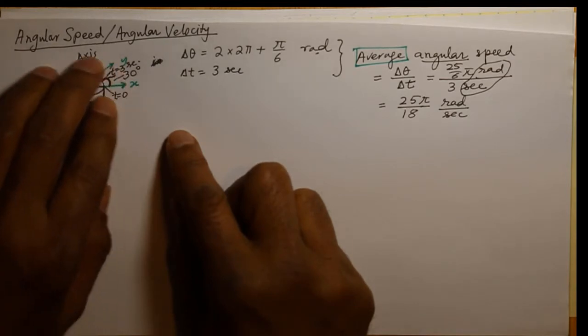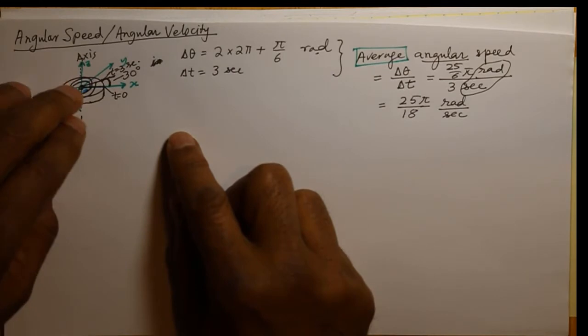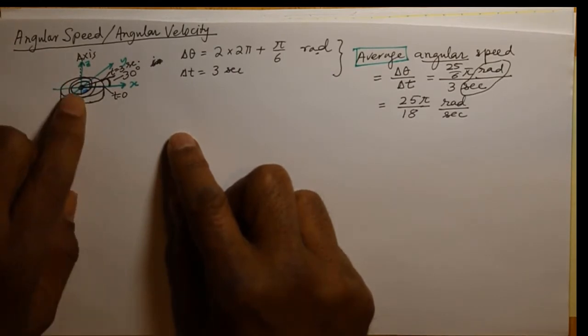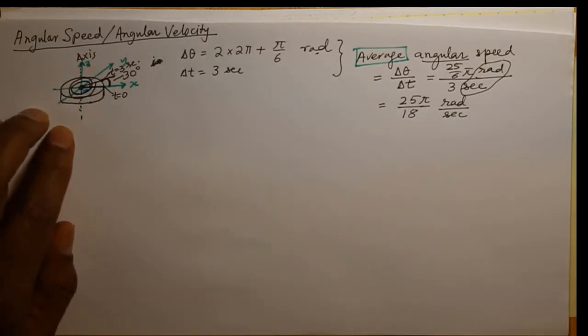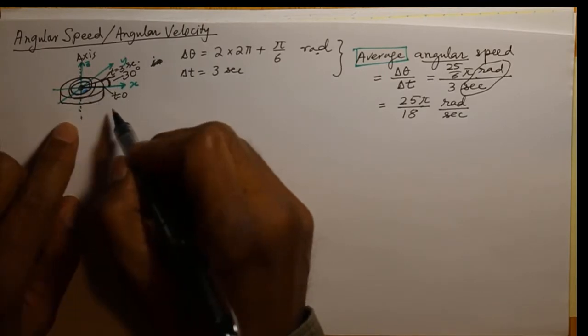When we look at an instantaneous speed, where we want to know what's happening at a particular instant, what do we have to do? Can you guess? What happened at t equals 1 second?